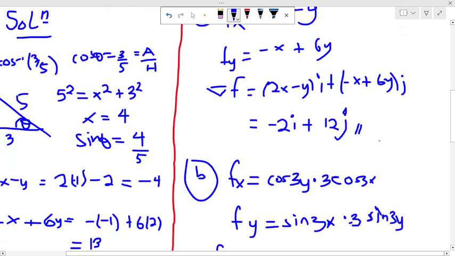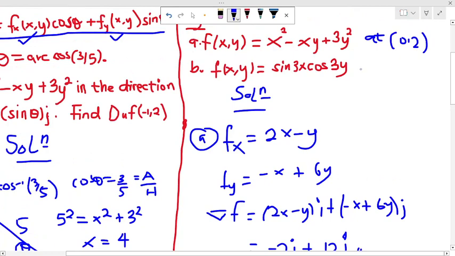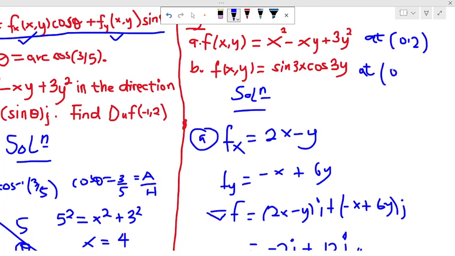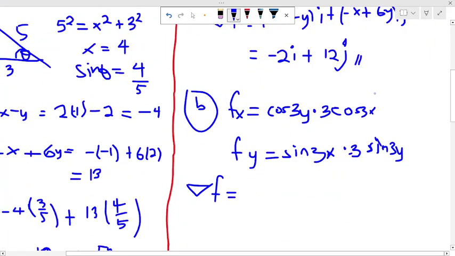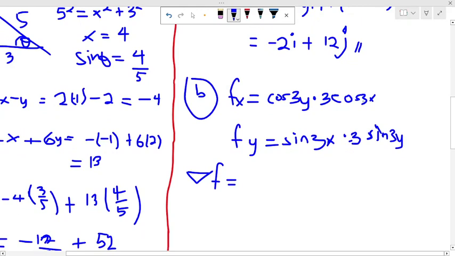so now let's assume a point. So let's say at 0, pi on 2. So now with this, wherever we see x, we put 0, and wherever we see y, we are going to put pi on 2.